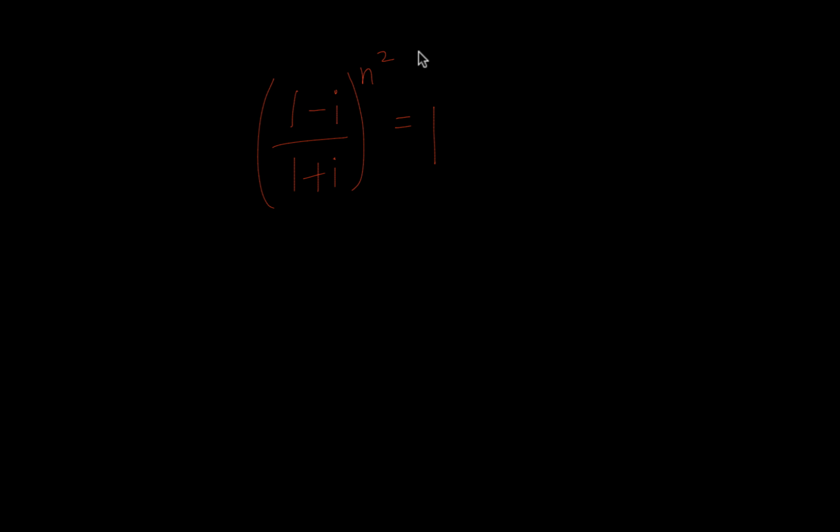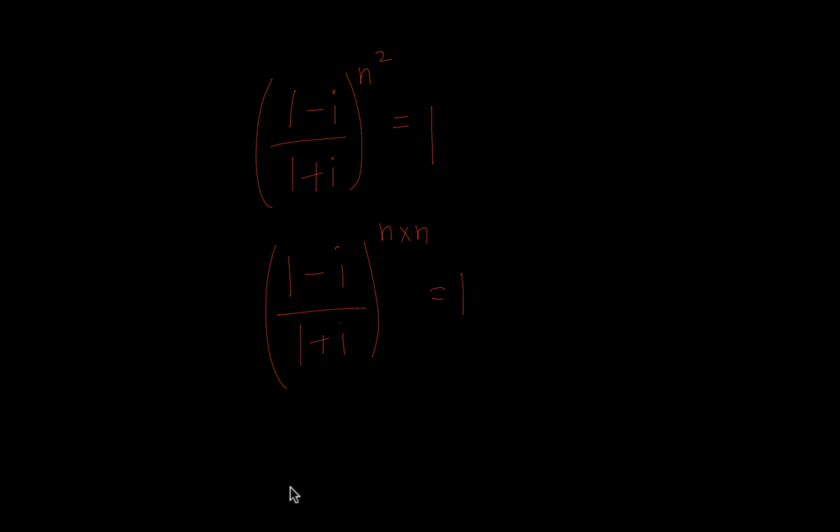That's why the question clearly says to find the smallest positive integer, right? So let's try to simplify this expression as far as possible. So let's try to put this as (1 minus i by 1 plus i) the whole raised to n into n, which is equal to 1.